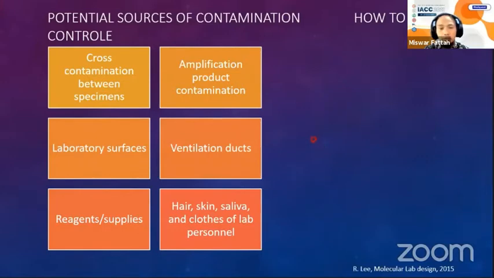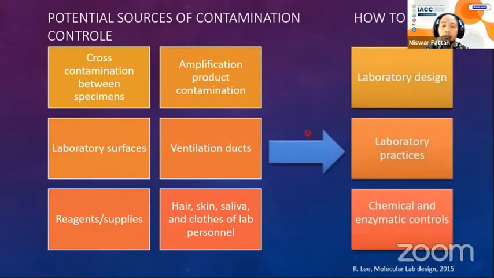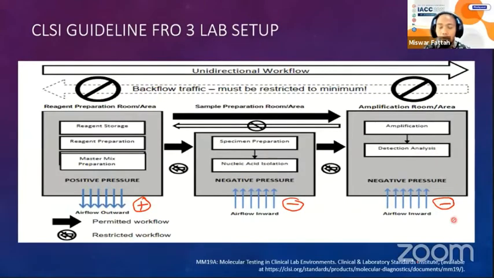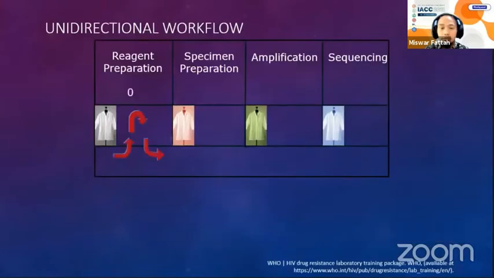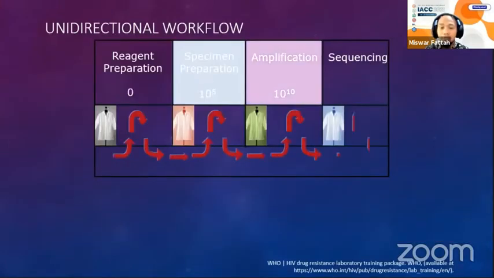And we need to know the potential sources of contamination in PCR and how to avoid them. We can avoid them with laboratory design, laboratory practice with SOPs, and routinely maintaining our lab with chemical or enzymatic control. And this is the workflow of the lab we need to prepare when developing a lab, because it is very important to avoid contamination.